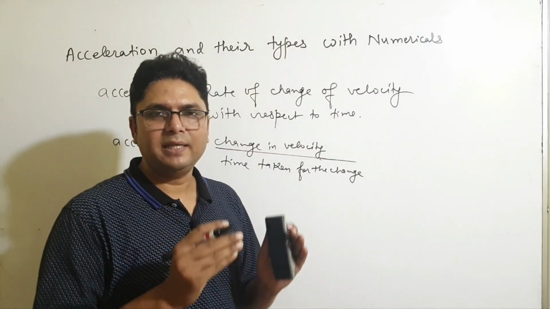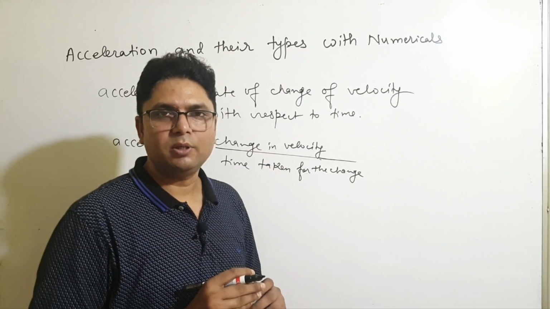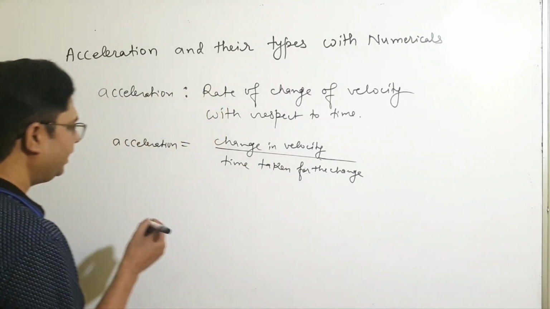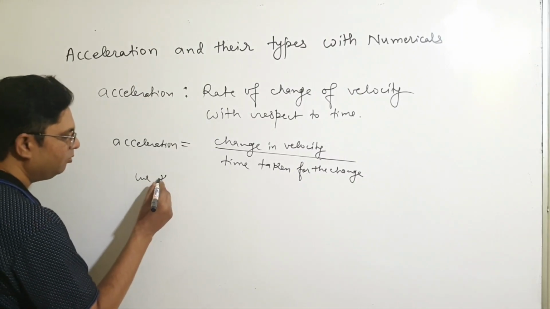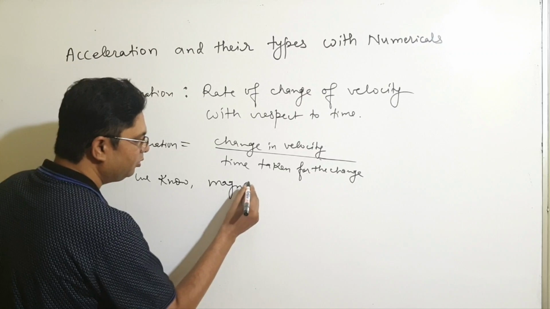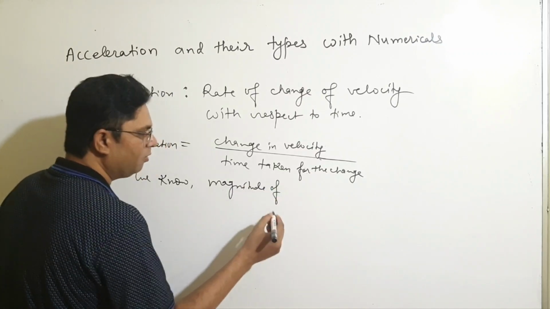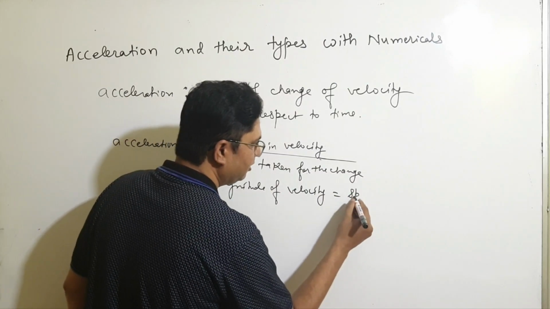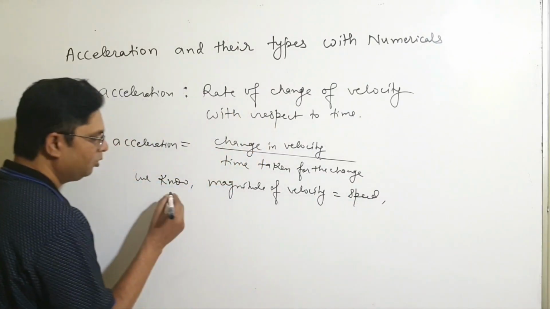The word velocity means speed as well as direction, because magnitude of velocity is speed.